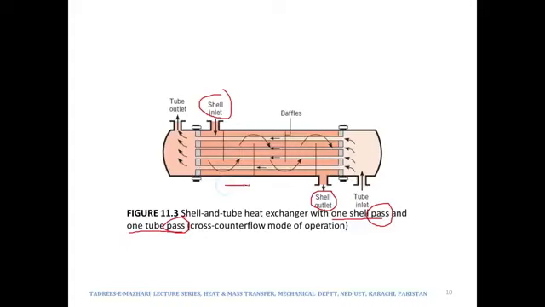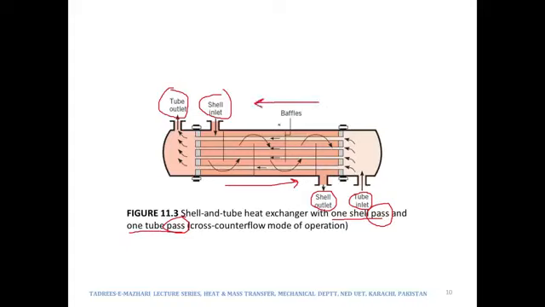So the shell side fluid flows in this direction, whereas the tube side flow will come in through this inlet and then it will flow through those tubes and then it will come out of this outlet. So the tube side fluid is flowing in this particular direction.